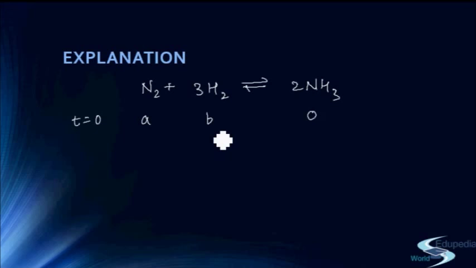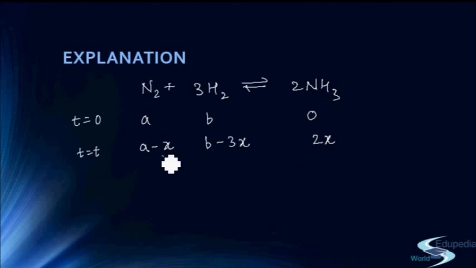Similarly, we know that the amount of any particular reactant consumed after time t might be different. That is, after time t, the amount of nitrogen consumed will only be x, whereas the amount of hydrogen consumed will be 3x, and the amount of ammonia formed will be 2x.